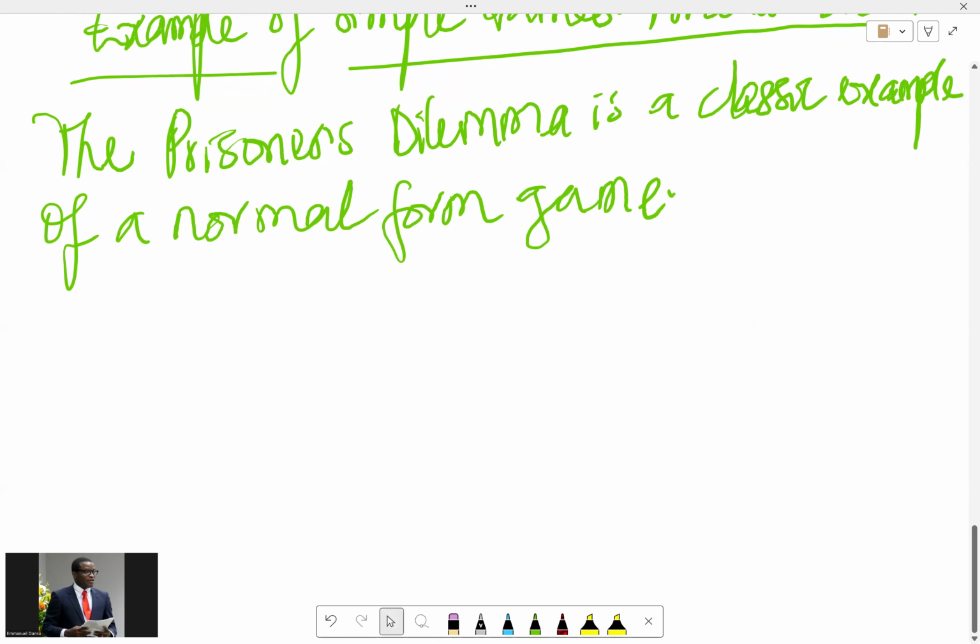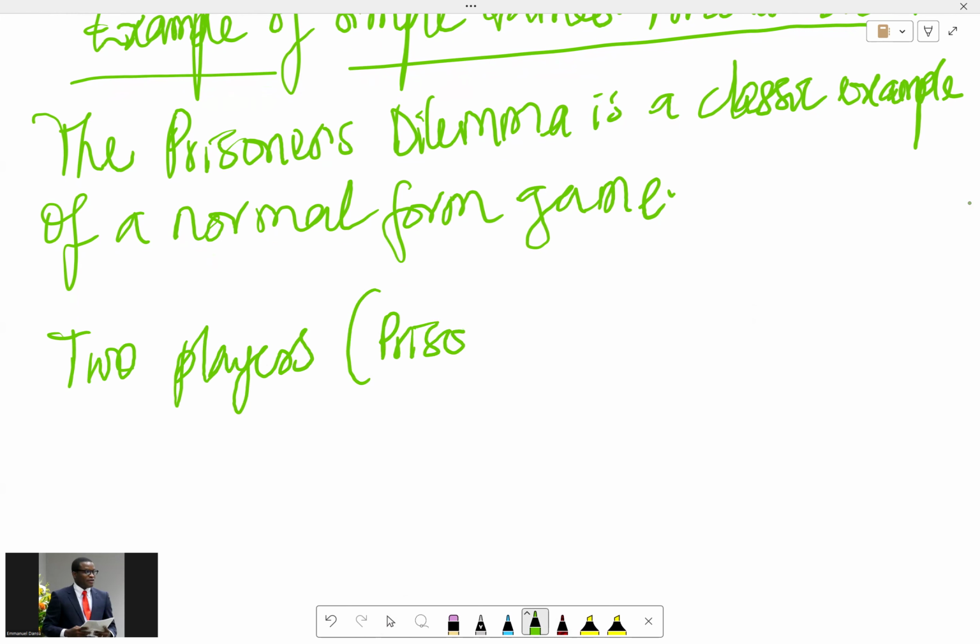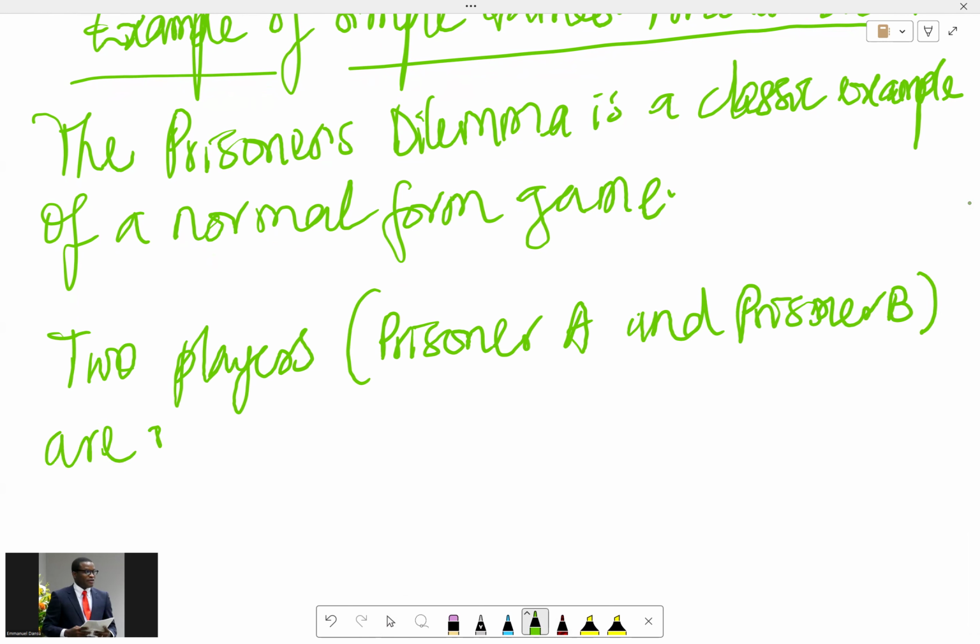Here we have two players. The two players are prisoner A and prisoner B, and they are arrested for a crime.